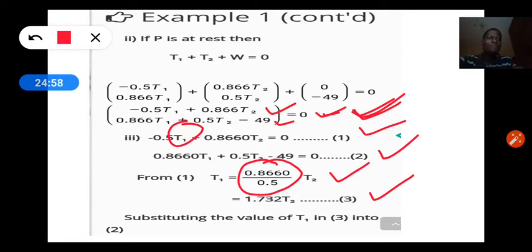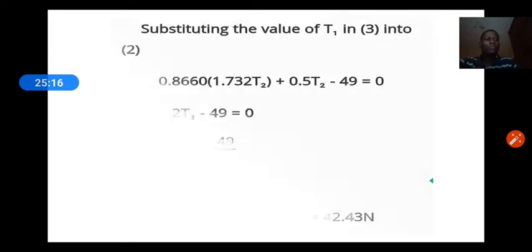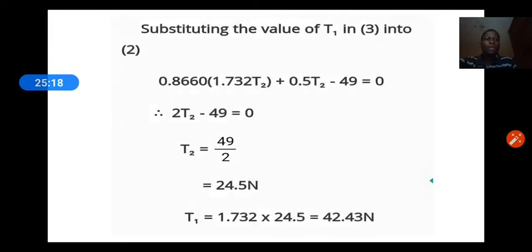That's what I have. So I make that my equation 3. So let's substitute the value of T1 in 3 into 2. Okay, I will substitute that T1 into equation 2 in my next slide now. Good. Let's quickly see that and let's round off this particular example 1.